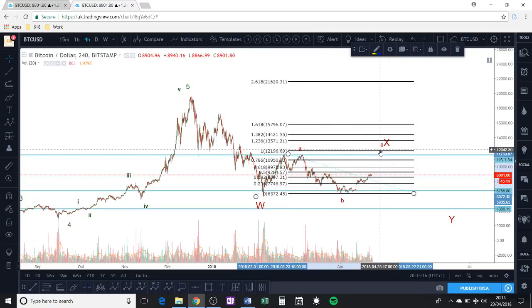So I'd be happy for it to come up to here. If it goes up past here, I'd be getting quite concerned and thinking it's looking a lot more bullish at that stage. So that 12,200 level is key.